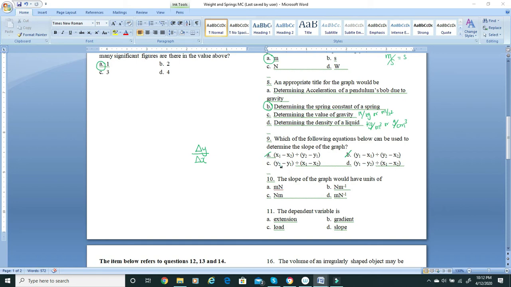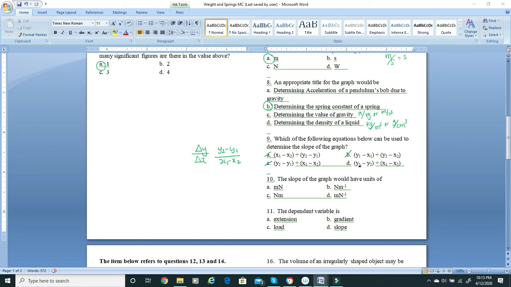But whatever you start off with at the top must start off at the bottom. For instance, C is telling you y2 minus y1 over x1 minus x2. If you start with a 2 up here, you must start with a 2 down here. So this one goes.